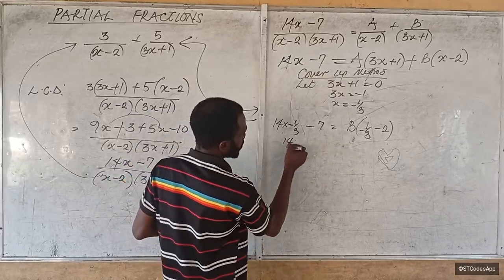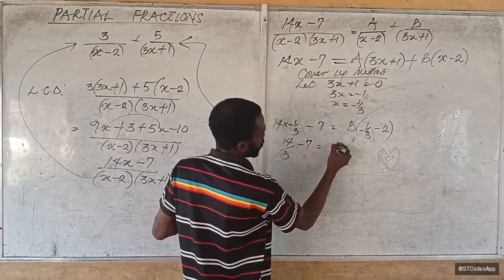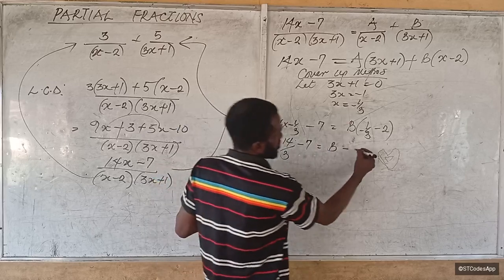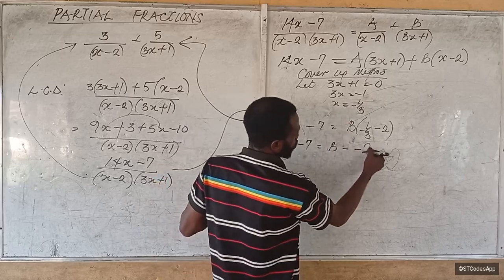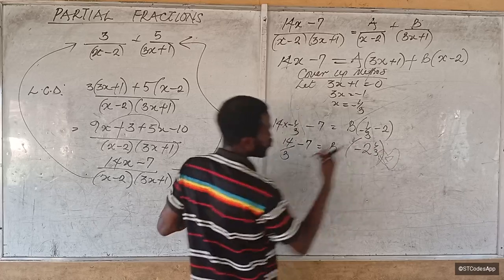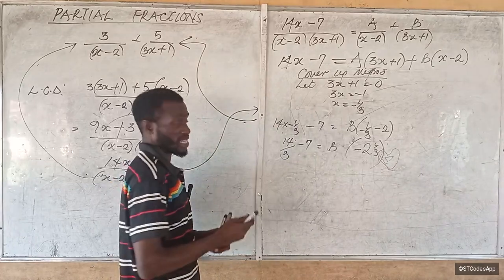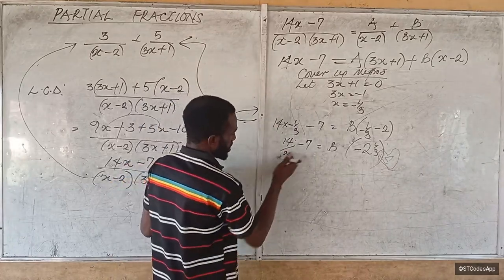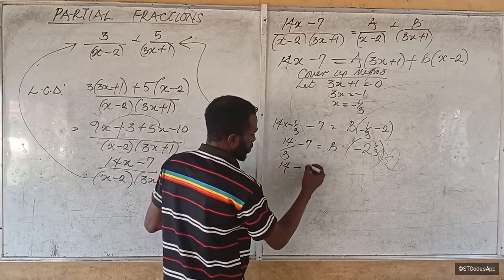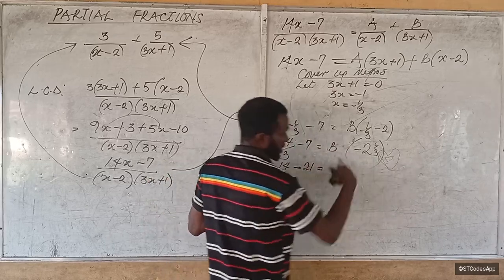Now from here, you have 14 over 3 minus 7 is equal to b into bracket minus 2 number 1 over 3, okay? So from here, I can multiply through by 3. If I multiply through by 3, 14 over 3 multiplied by 3 will give me 14, minus 7 multiplied by 3 will give me 21, is equal to, I multiply this entire thing by 3.